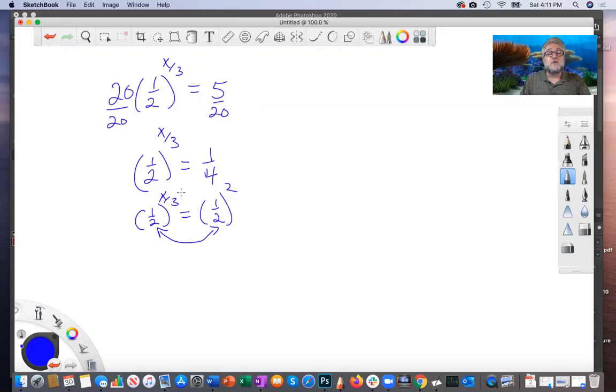If the bases are equal, what's true about the exponents? They got to be equal too. So the answer for x is 6 because we took it and I got rid of this coefficient so I could get 1/2 to a power equals 1/2 to a power, and I was able to write this as 1/2 squared. And ta-da, we got an answer.